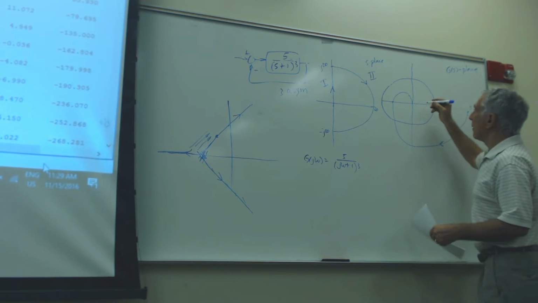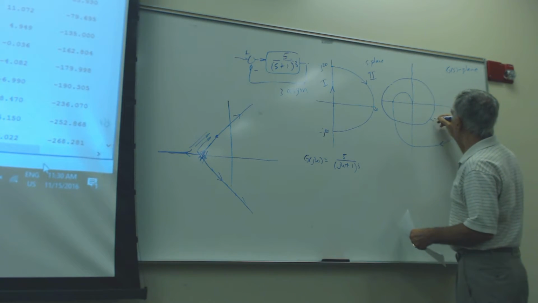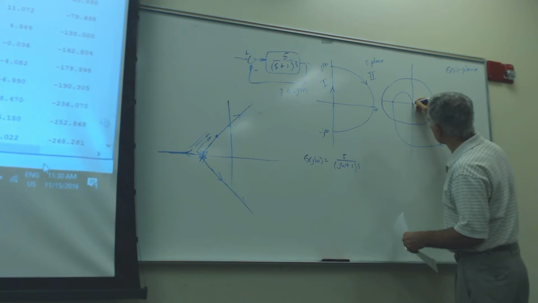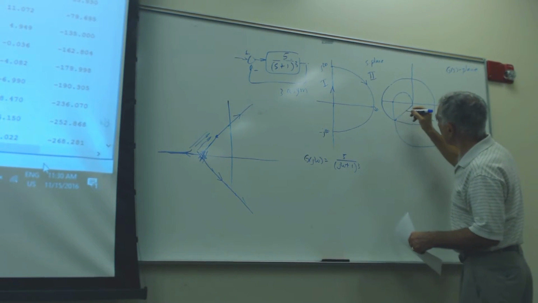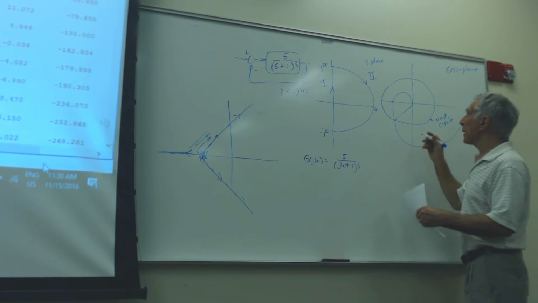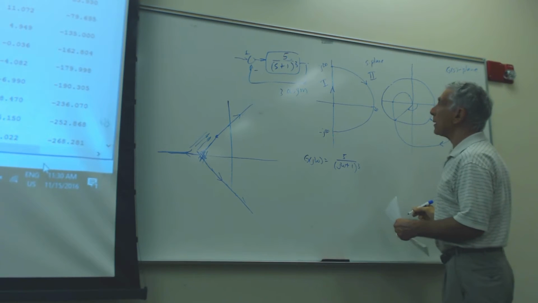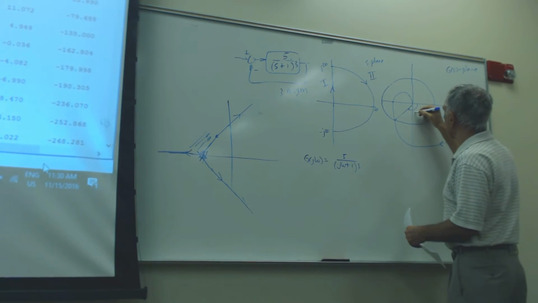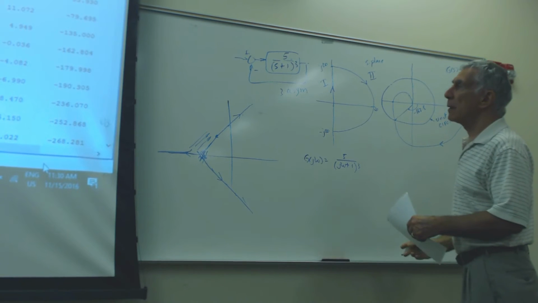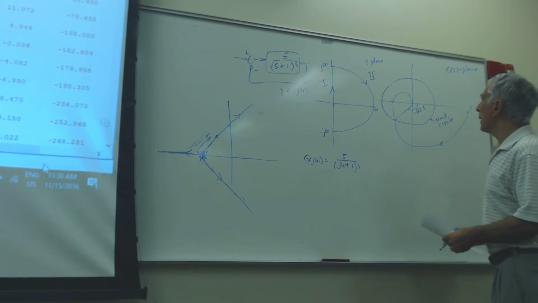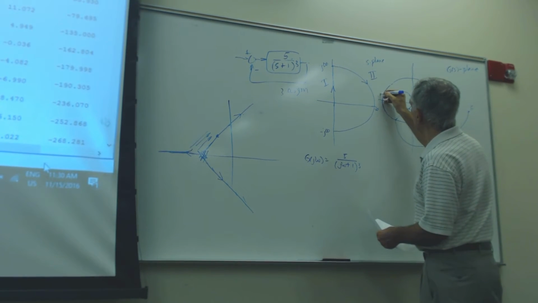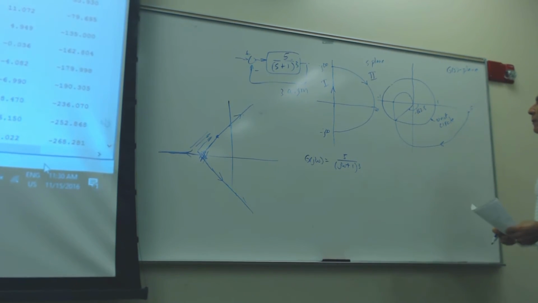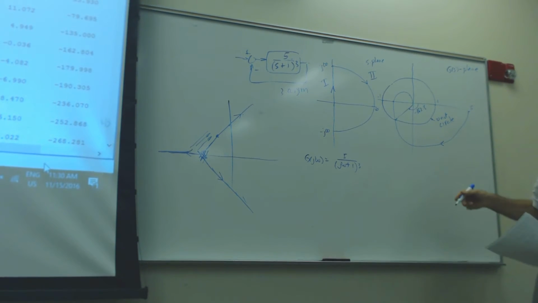The vector from the origin to that point has a magnitude of 1, and the phase is minus 162.8. That's just the unit circle. This point right here would be minus 1, this point would be 1, and this would be j1. So this is a portion of the Nyquist diagram.